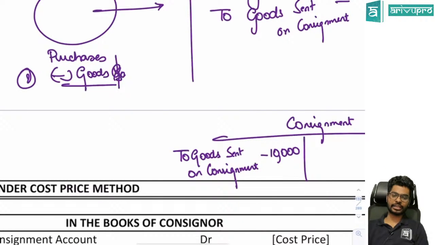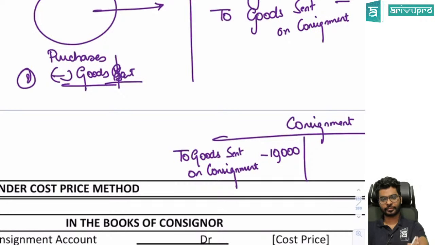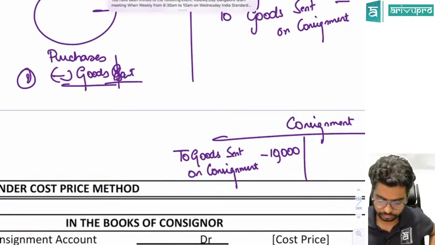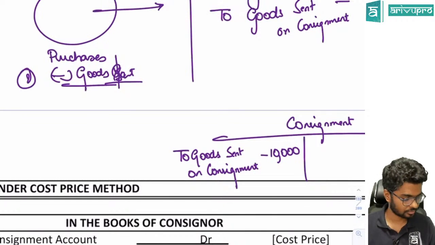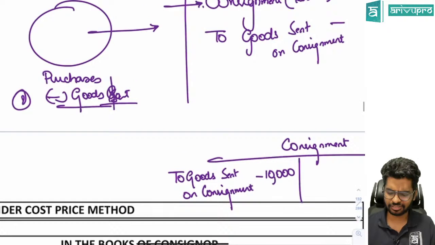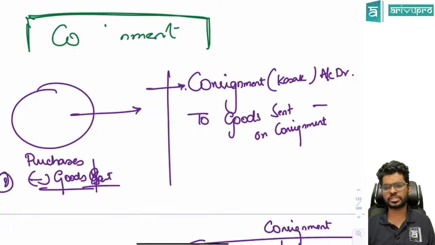When you write it as goods sent on consignment, I know that my goods have gone for the purpose of consignment. That's the reason I put it across their name. Why debit the receiver? Because the consignment account is the one which is receiving the goods.